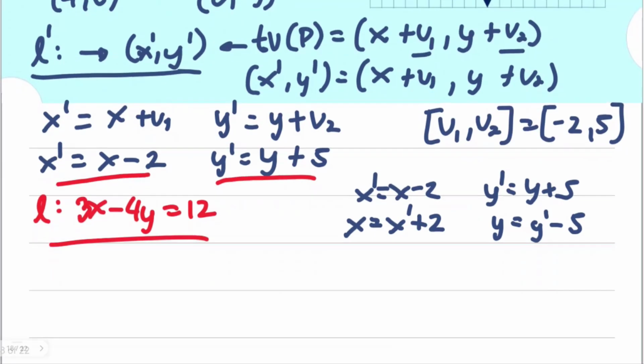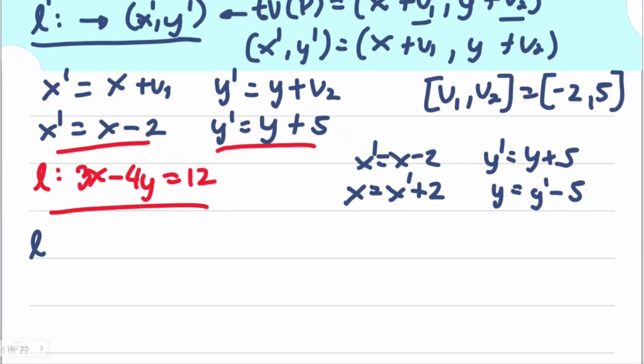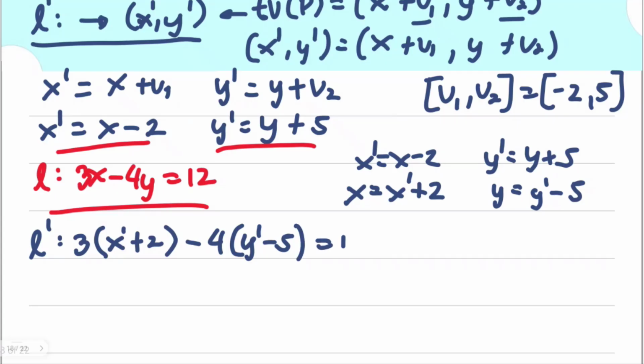Right? So substituting that here, our L prime now will be 3 times your x, which is x prime plus 2, minus 4 times your y, which is y prime minus 5, is equal to 12.